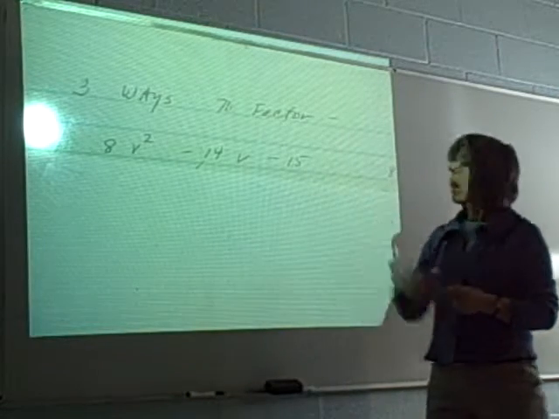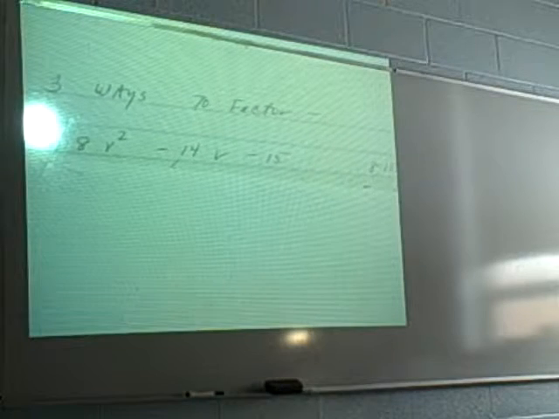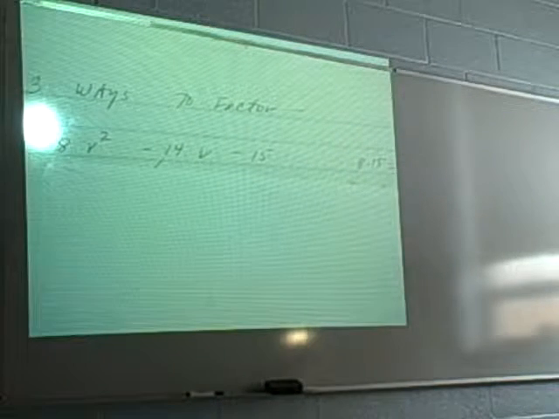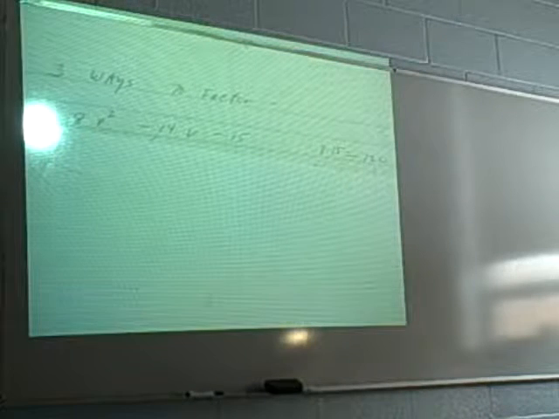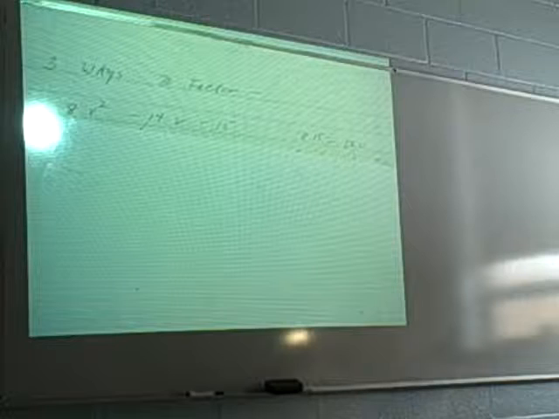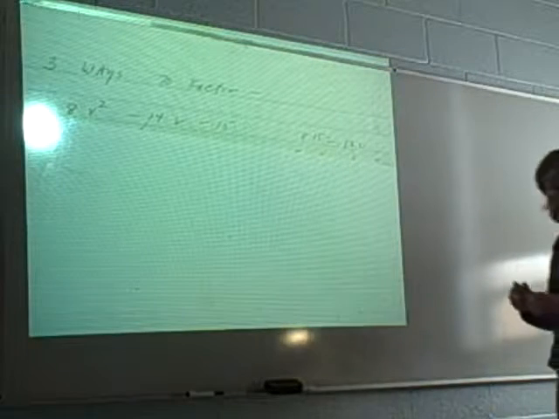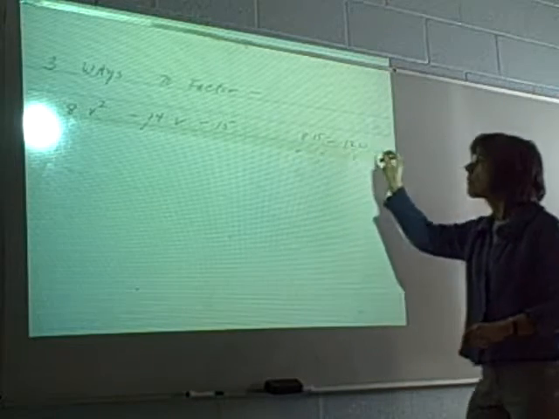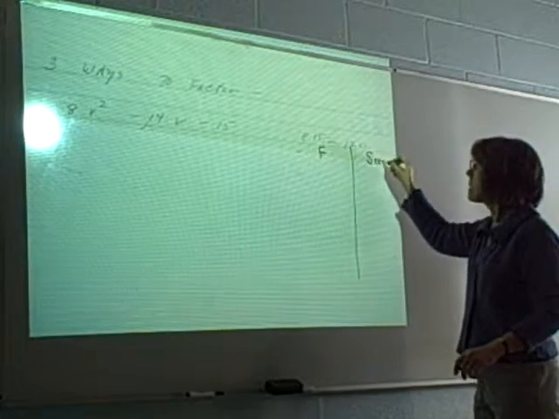Okay, so in this method, I am going to go about doing it just the way I would do the other method. I need to multiply 8 times 15, and in this case, what is 8 times 15? 120, and just like the other way, I need to find the factors and the sum.